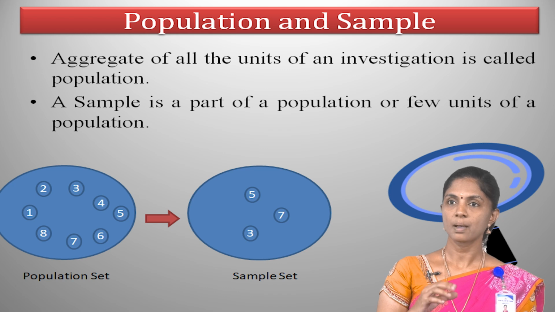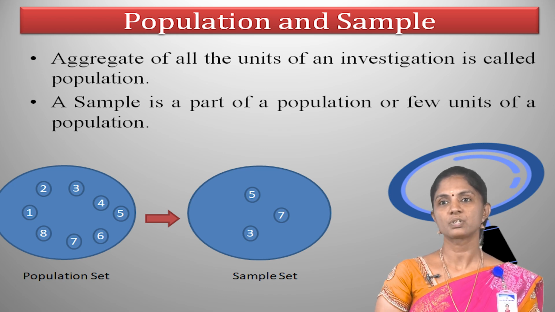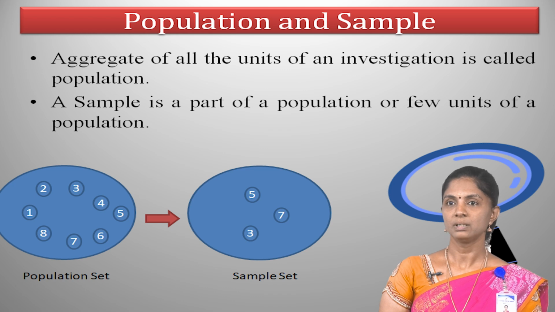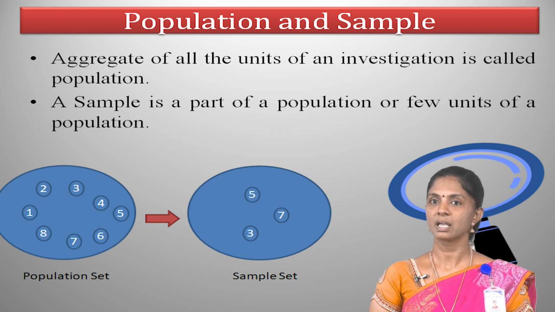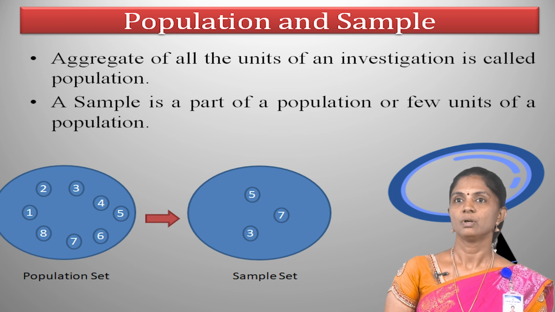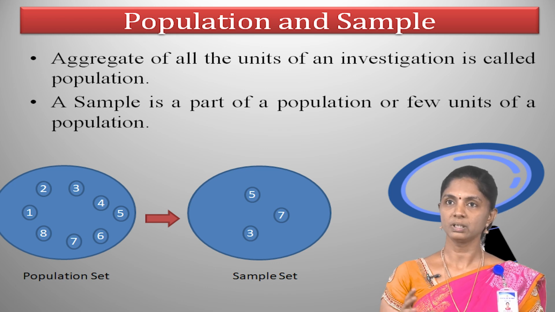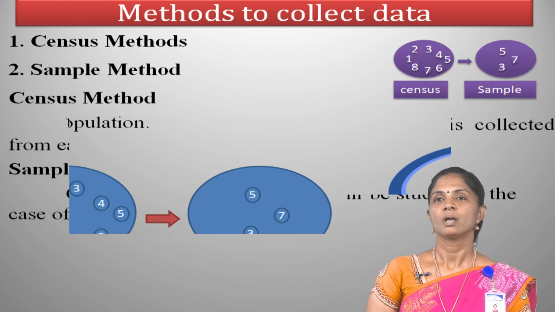The sample is a part of the population or a few units of the population. For example, a handful of rice taken from a sack of rice constitutes the sample. So, population is the overall unit, the subunit is called the sample.